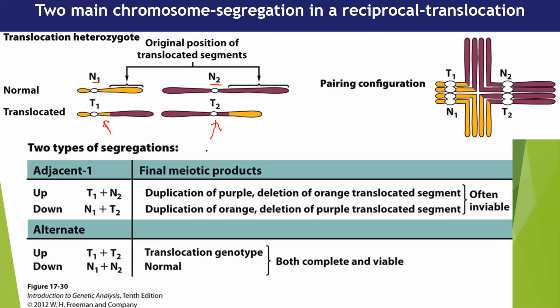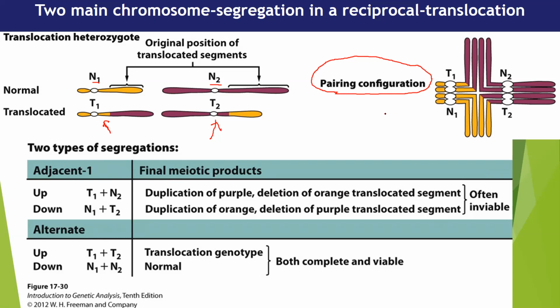All right, so if we have a parent like this, this is a translocation heterozygous, and then during meiosis, these four chromosomes will be paired together like this. So this is the pairing configuration. This doesn't look like the standard form, right? If there's no translocation occurring, we're going to see these two chromosomes separately paired together, right?